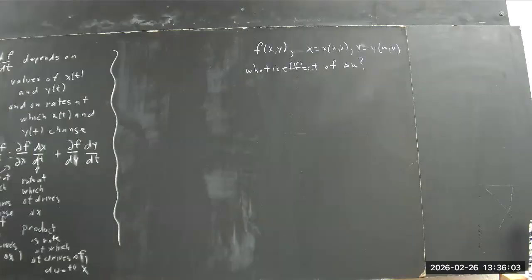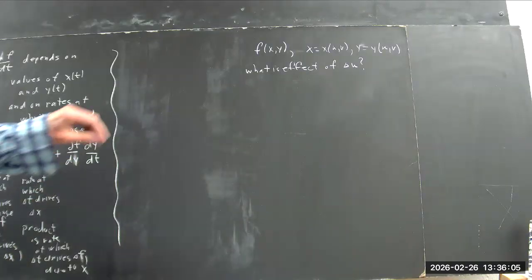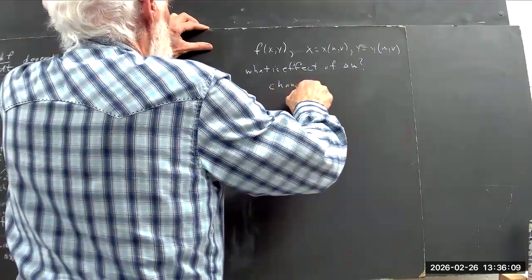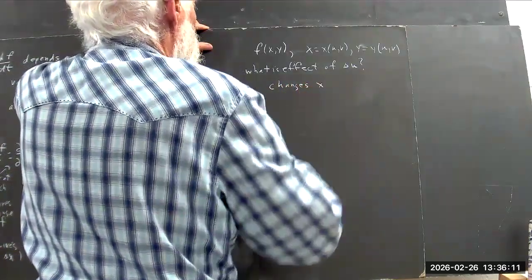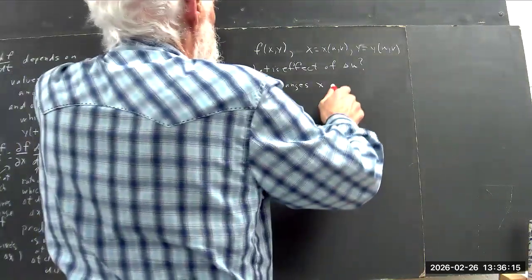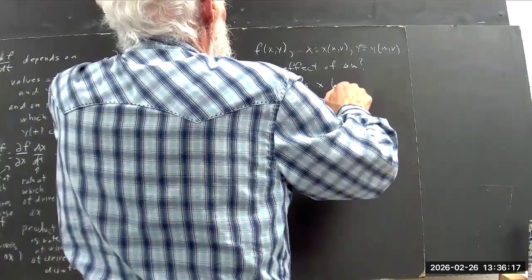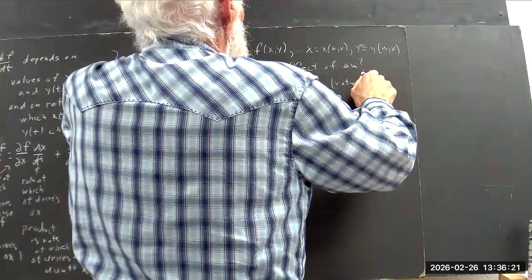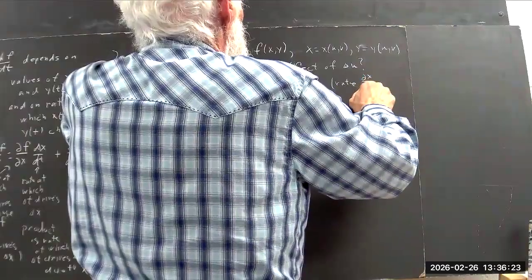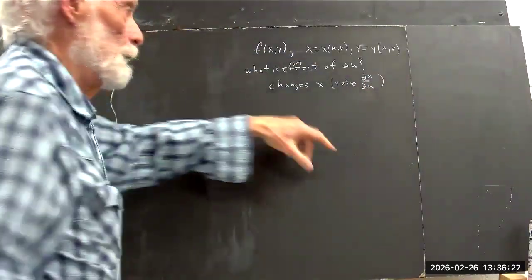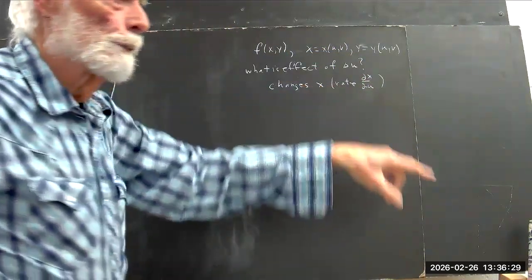What's the effect of a change in u? Answer: it changes x at a rate that's the partial with respect to u.